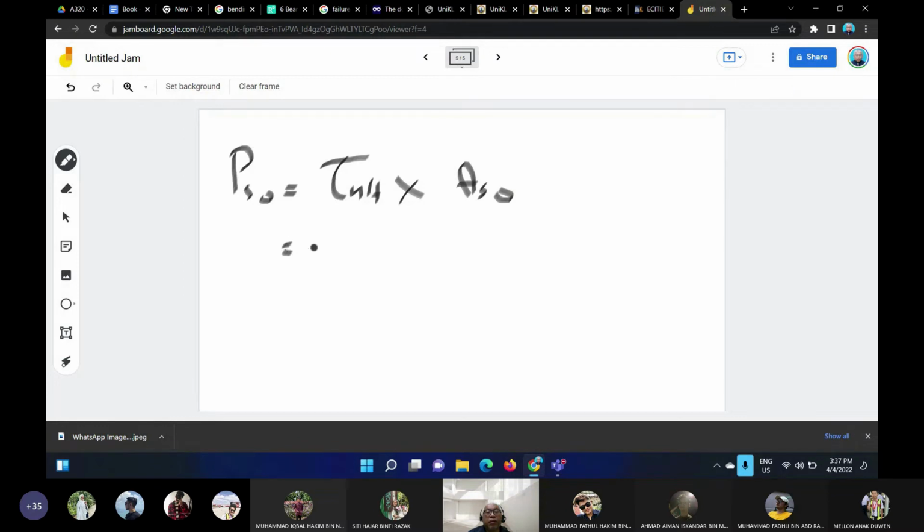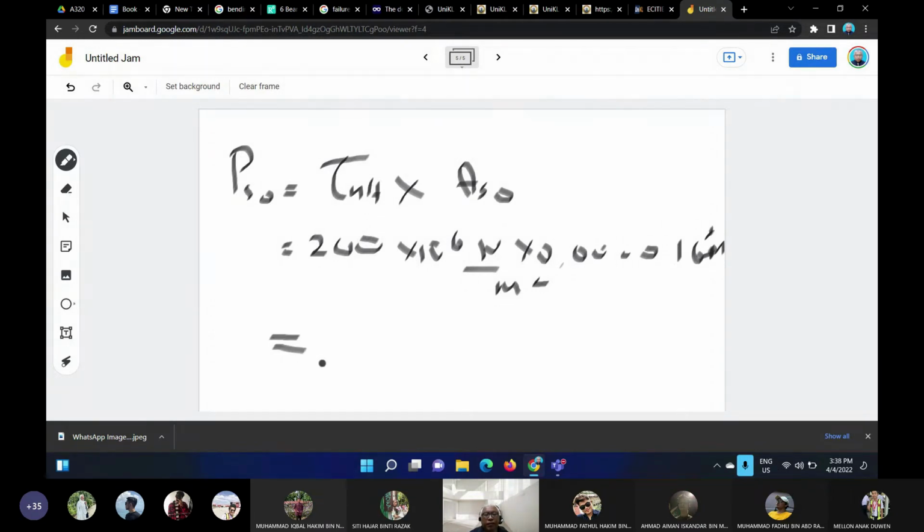Shear ultimate is around 200 megapascal, 10 to the 6 Newton per meter square. You multiply by 0.0000016 meter square. You need to keep the units so they cancel out and you get a value in Newton.